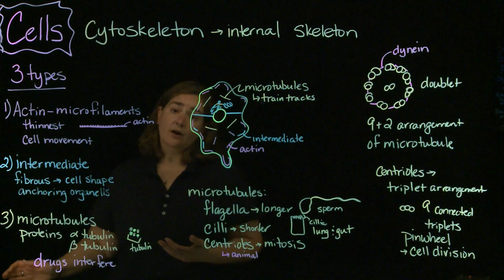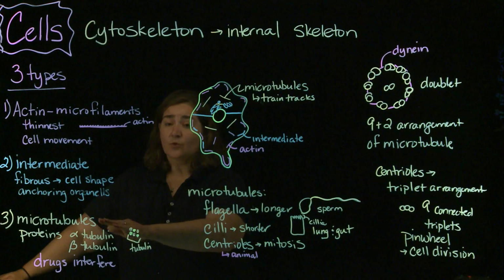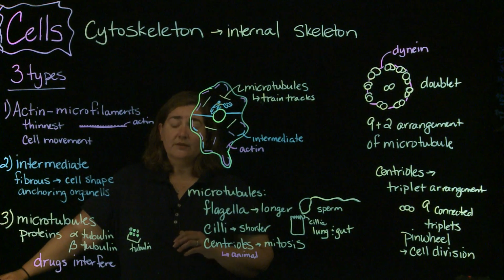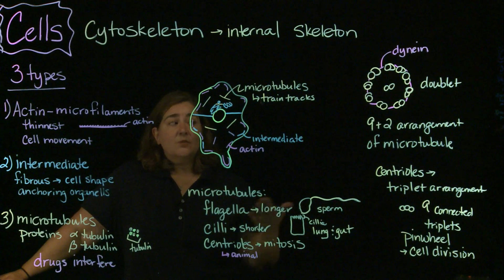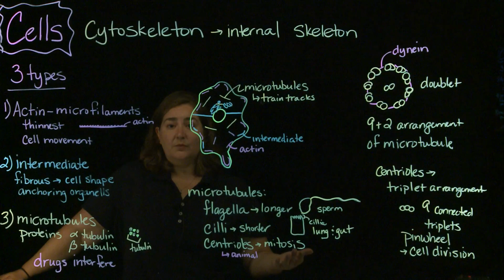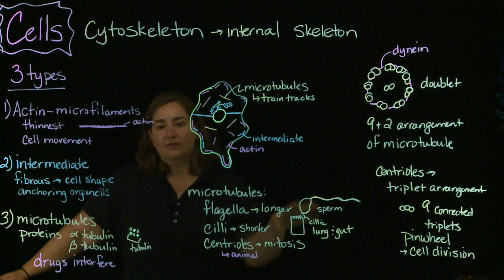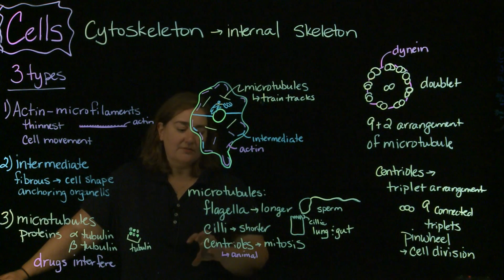So there are a number of chemotherapeutic drugs that are actually working to inhibit microtubules. On the downside, that's why some of those chemotherapeutic drugs have the side effects that they do, because those basic processes are needed by other cells that are not cancer cells, okay?